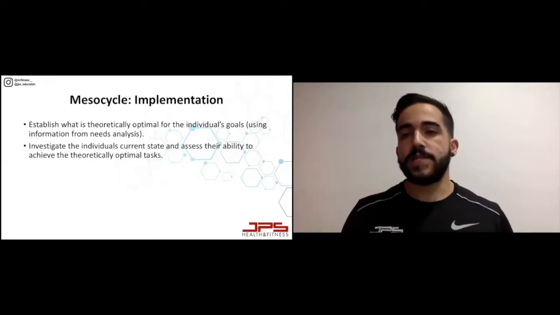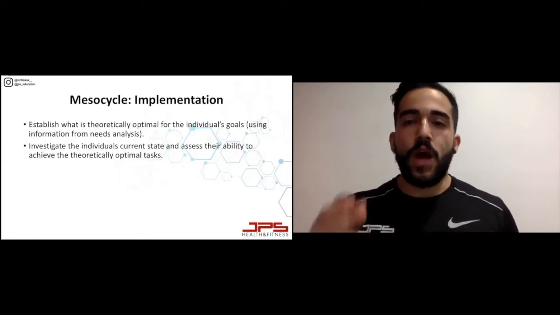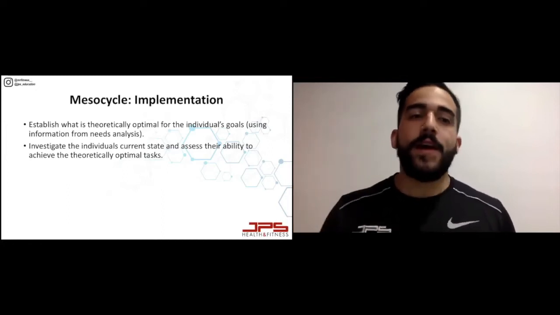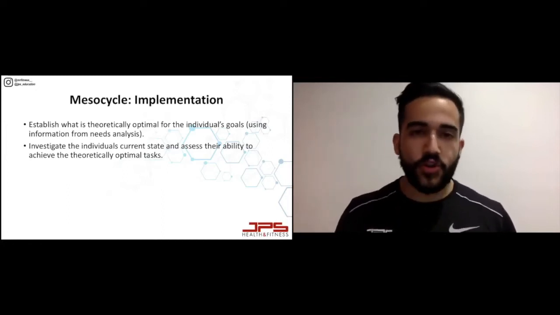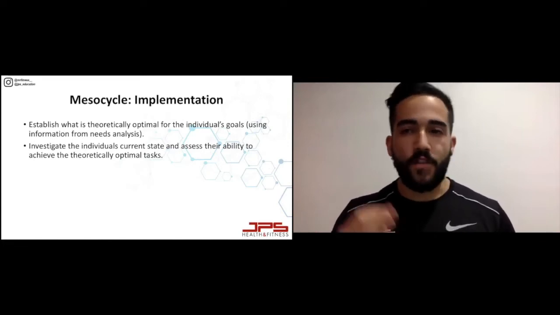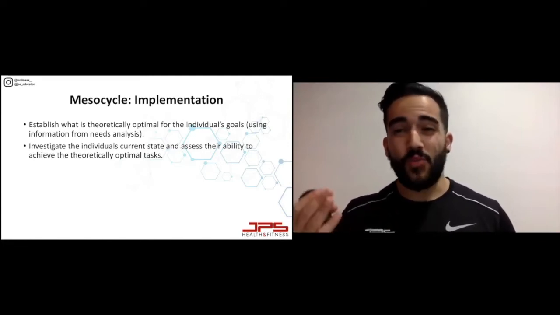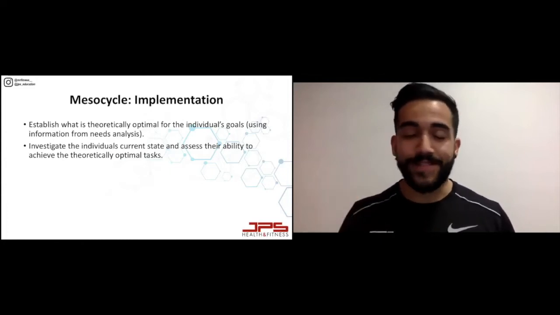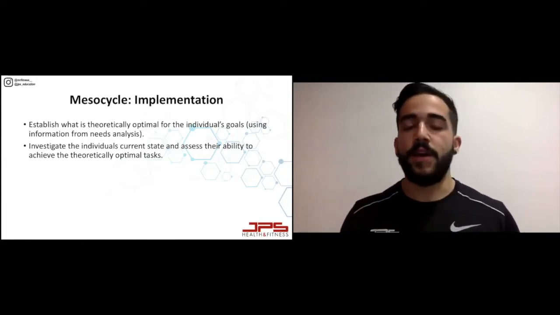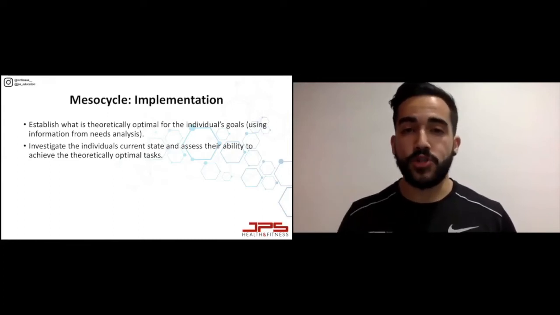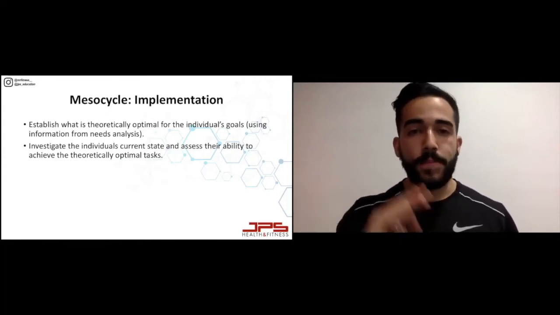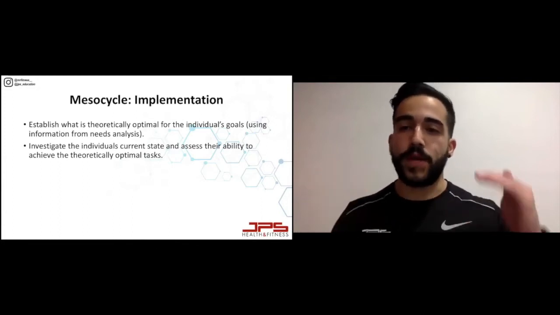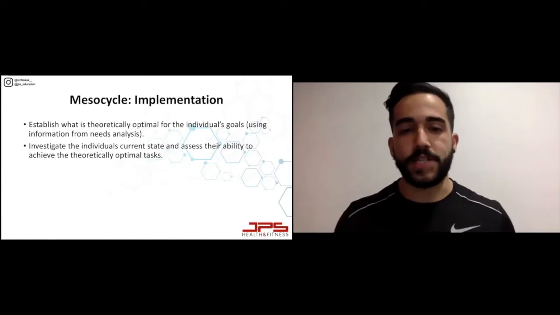In most cases, when I'm programming the mesocycle, I will try and shoot for what I think is theoretically optimal. Once I create the program, I'll have a look through it, and then I'll start fine-tuning based on what I think the client can actually do. If I feel they're not going to be able to sustain it, I feel there are too many risks, I'm not super confident, I'll start cutting away, chopping and changing until I come to what I think is a good balance between theoretically optimal and practically optimal.